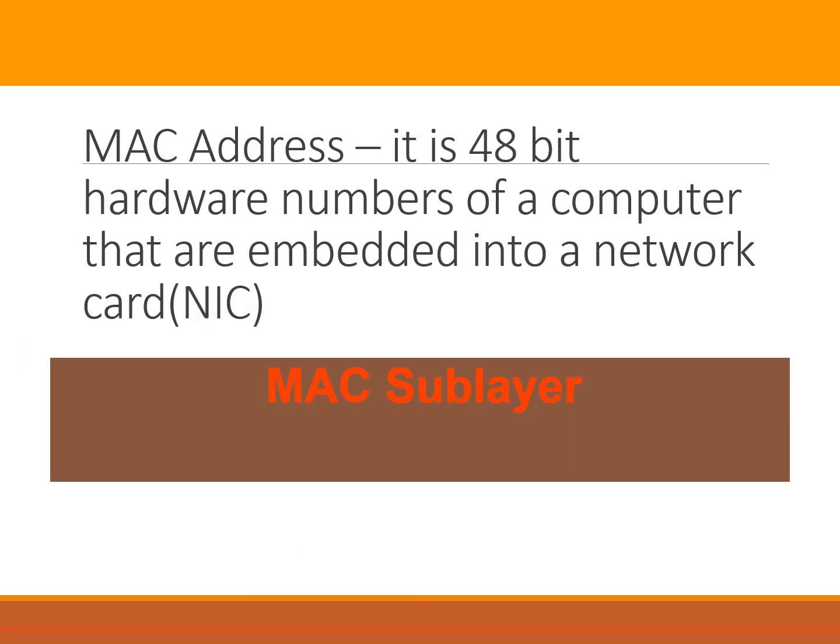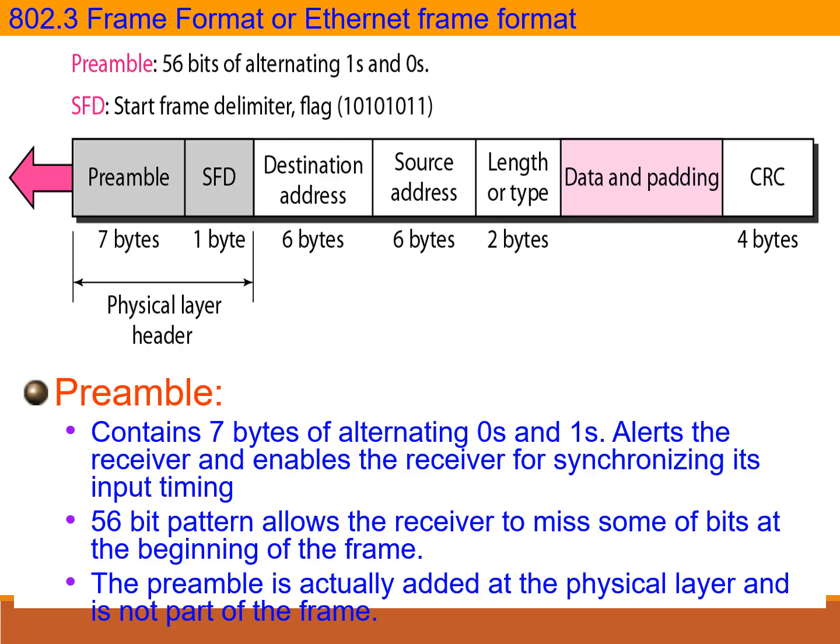Now we go to the MAC frame. It takes the data received from the upper layer and passes it to the physical layer in the frame format of the MAC layer. Ethernet does not provide any mechanism for acknowledging received frames, making it what is known as an unreliable medium.